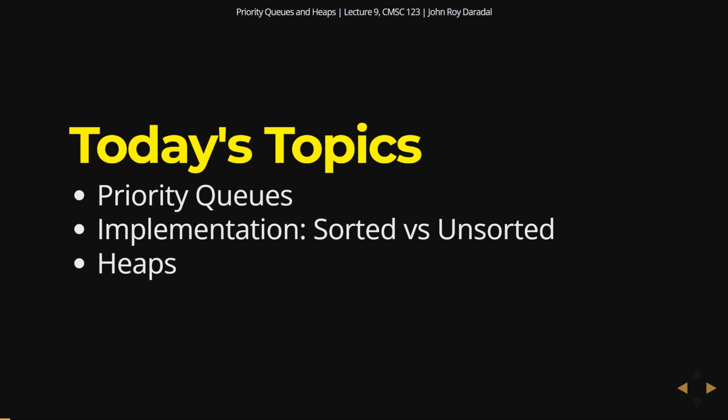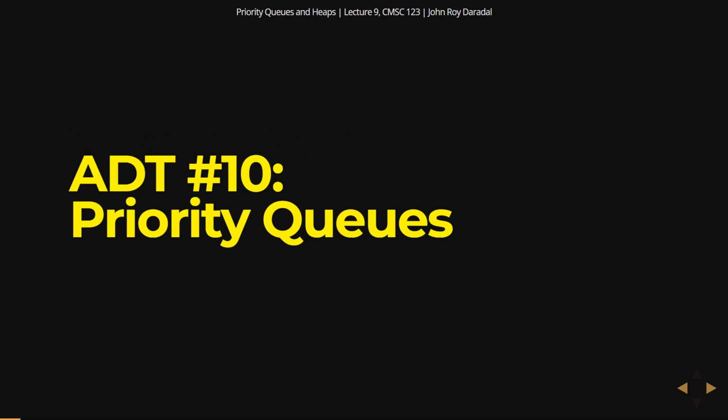Okay, so let's start. We are already on our 10th ADT for ComSci 123, which is the priority queue. Now, we've already seen queues before, right? And we said that queues are linear ADTs which follow the first in, first out principle. So whichever item is added first to the queue will also be the first item that would be taken out.